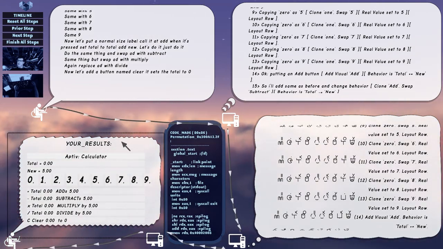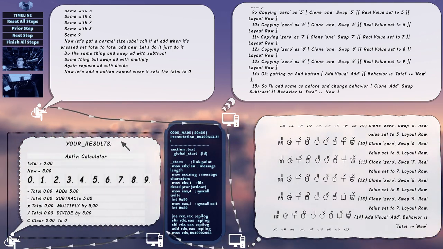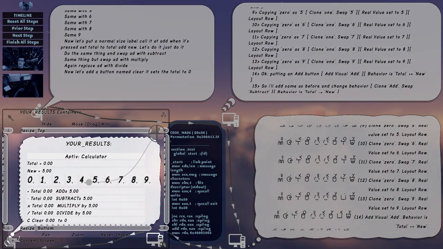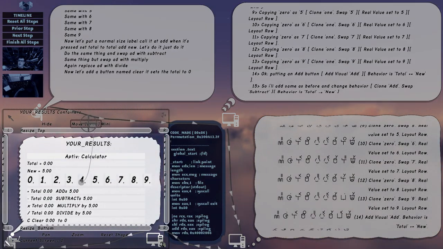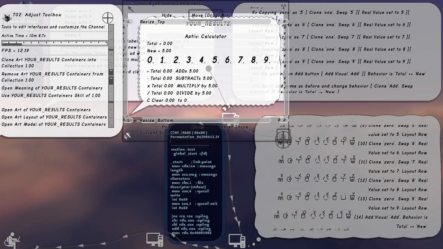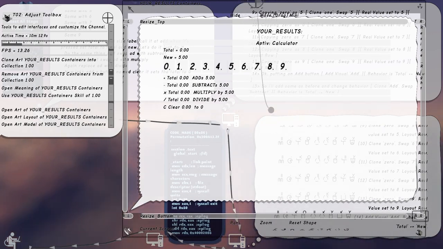So one last thing. Our calculator works in the classic way, but let's make it look like a traditional one. So I'm going to drag it here and move it out just so we have a little more space and it's easier for us to see what's going on.